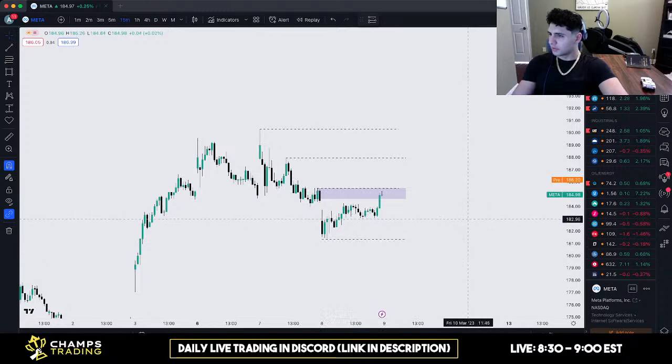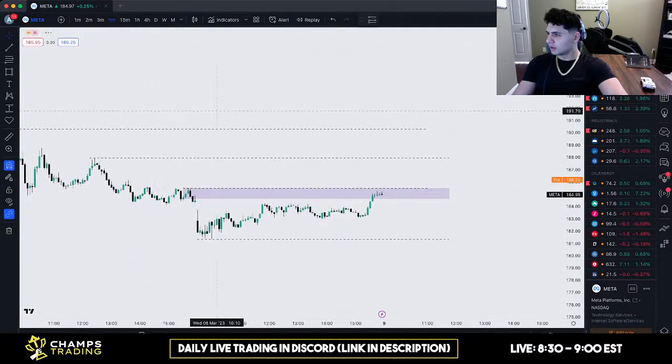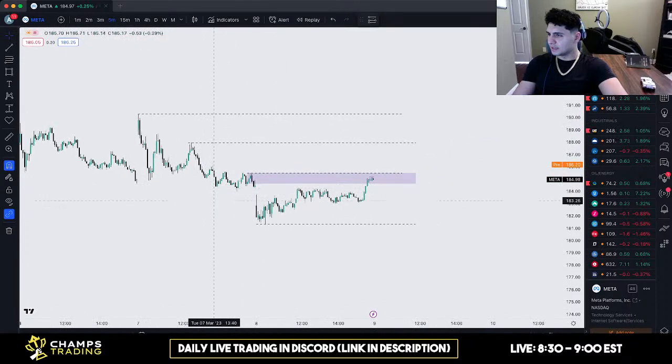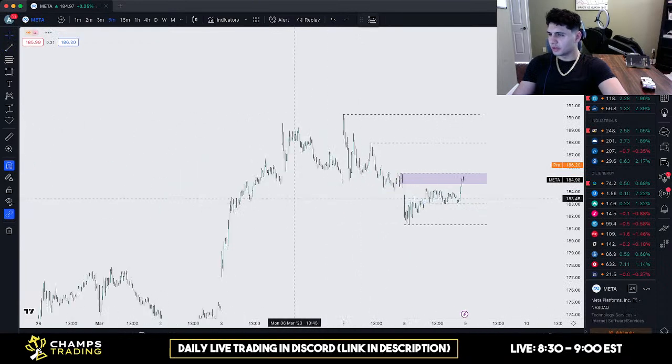If you do give this level up though, if you give up this 85.50 level and that 86 level and we decide to drop, we can see these lows potentially being targeted. This low here, 183.